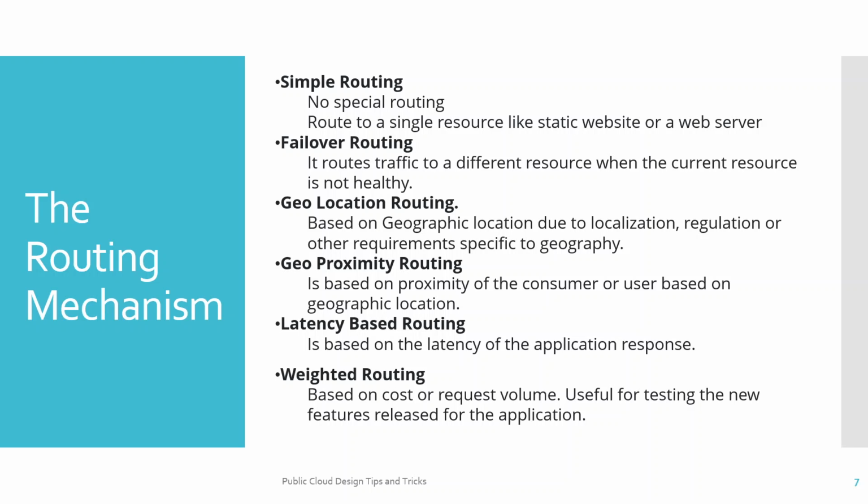This kind of routing is always useful for testing new features that are released in an application or software. So you can divide the traffic, like 20% and 80%, to different instances of the application, or to different locations of the application. So that is how it works.